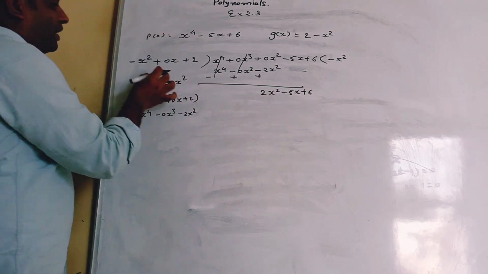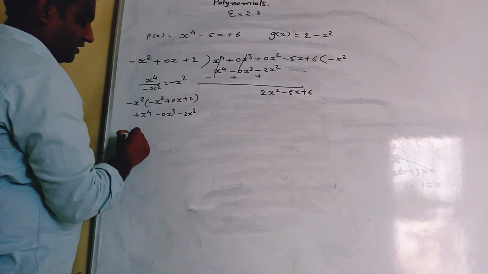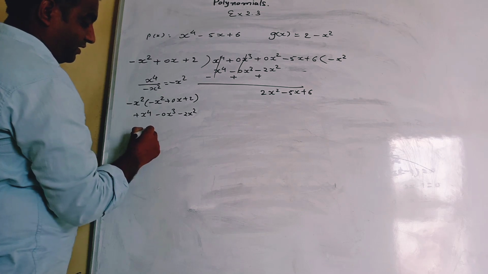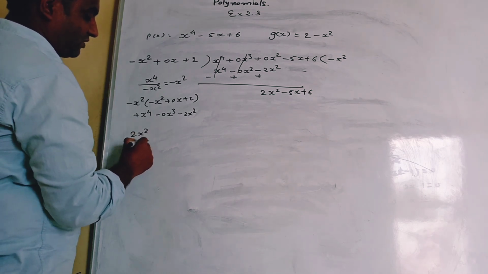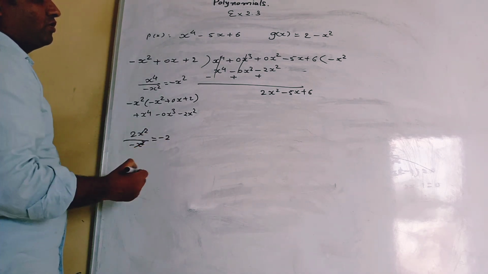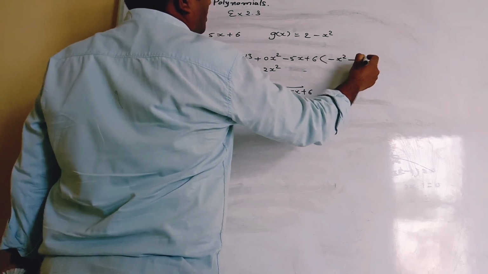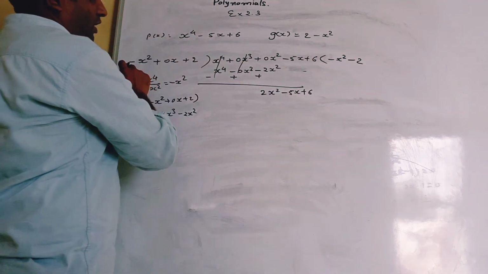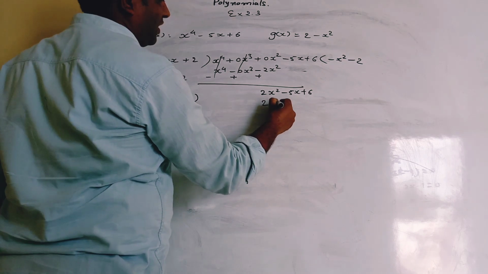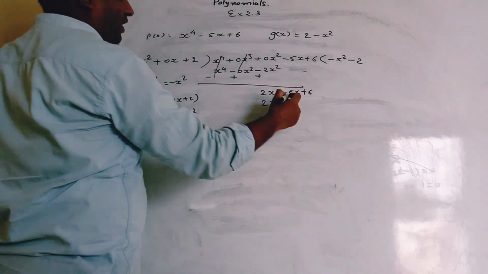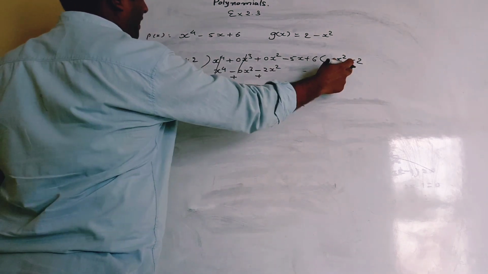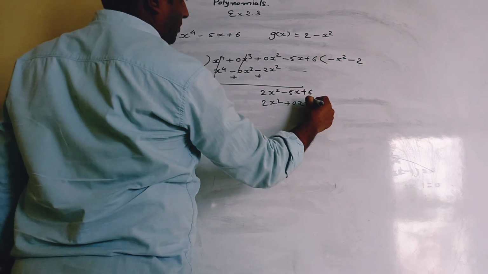Now we take the 2x square, 2x square divided by minus x square. The x square cancels, so it is minus 2. Minus 2 into minus x square is 2x square, minus 2 into 0x is 0, minus 2 into plus 2 is minus 4.